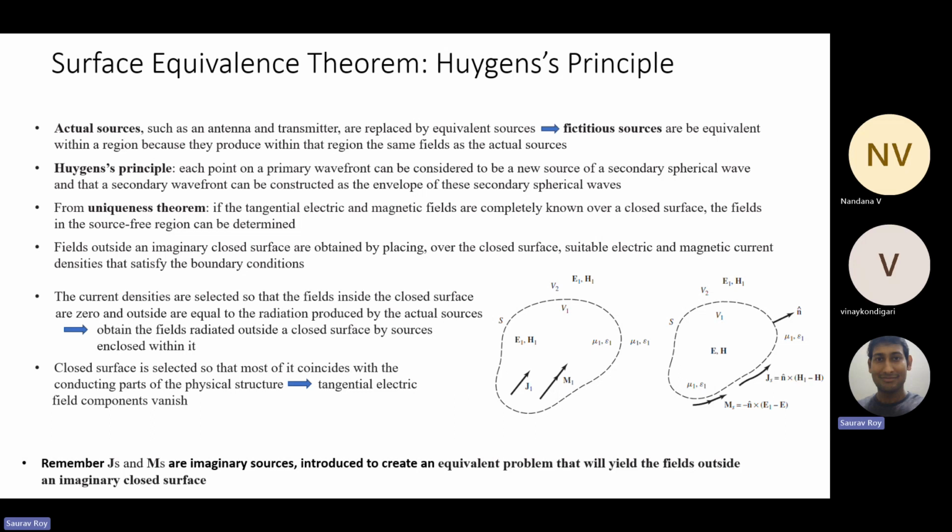To satisfy that, on the boundary you have to specify either the tangential electric field or the tangential magnetic field on the surface S. That is what we will look into in the next slide. Is it understood? Yes, sir.